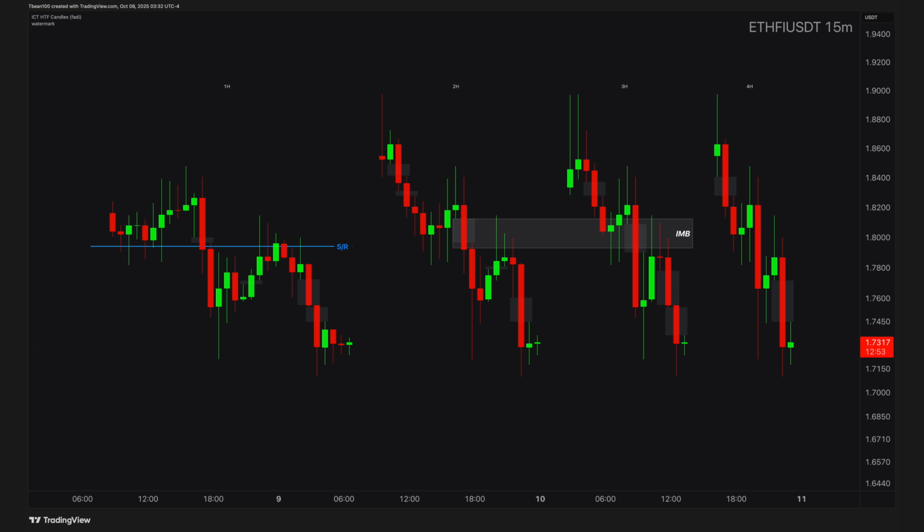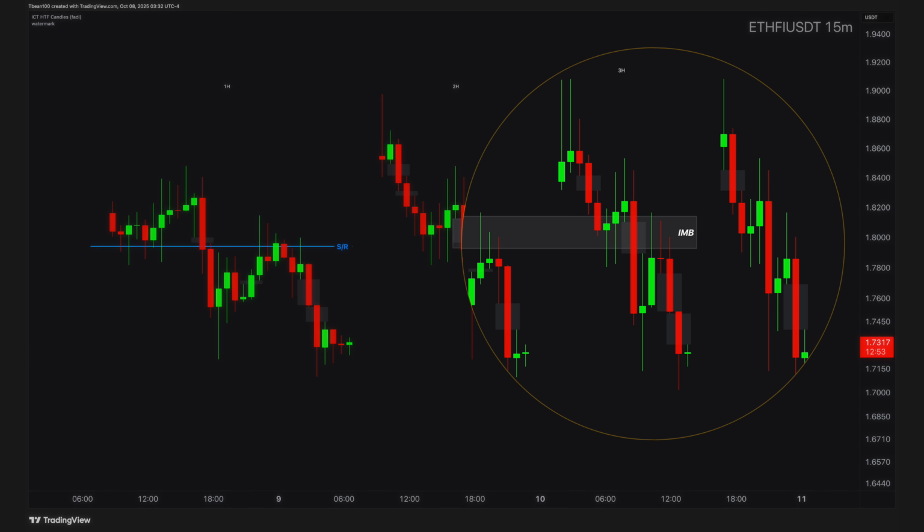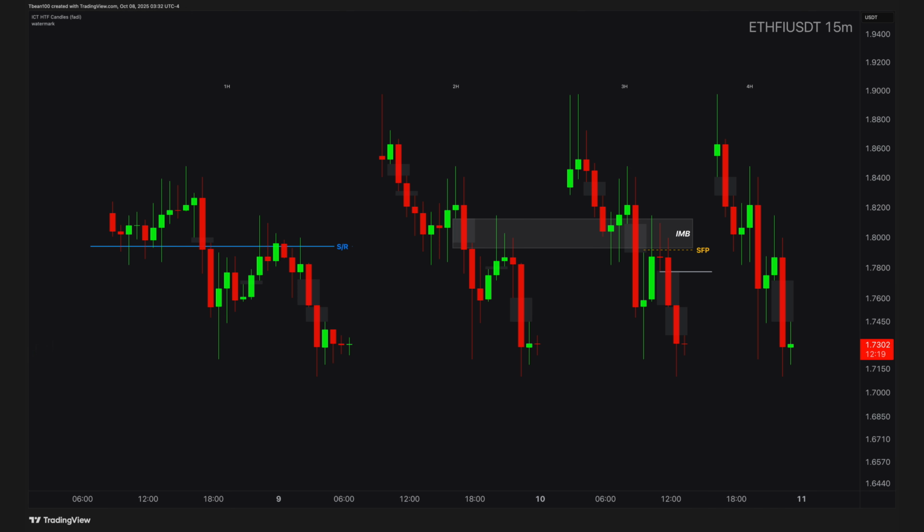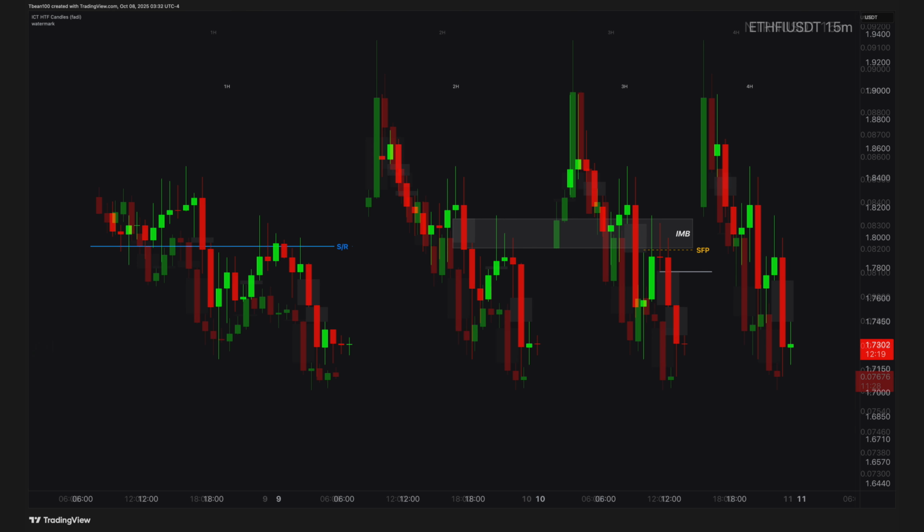Now the tricky part comes when you are trying to spot the swing failure patterns. Sometimes they don't show up clearly on every single time frame. In this case, you should have looked carefully across the other time frames at once to notice the swing failure pattern, followed by a strong break.